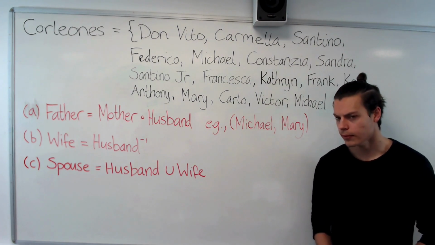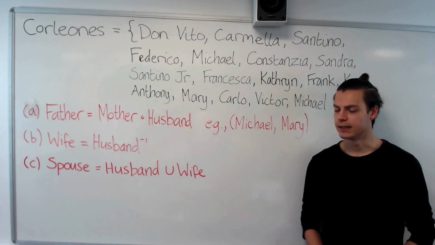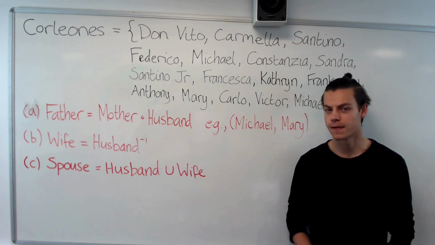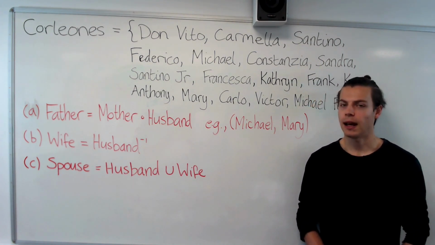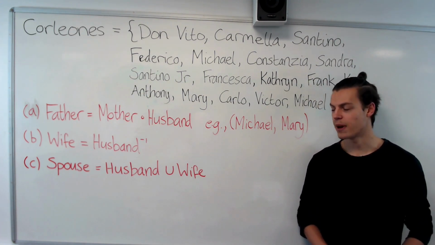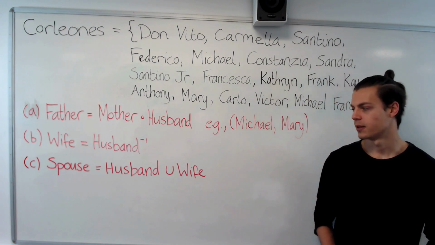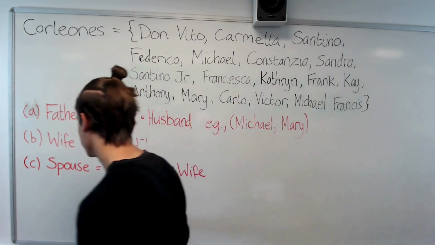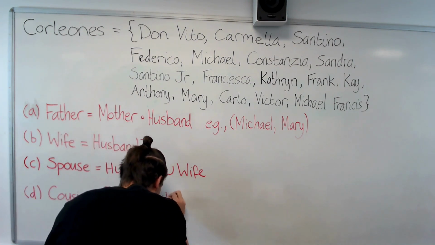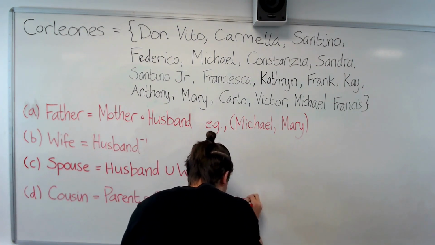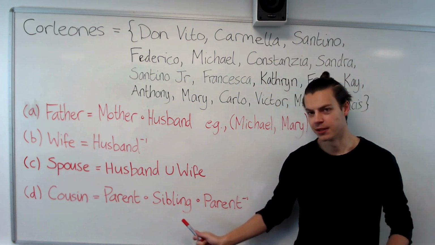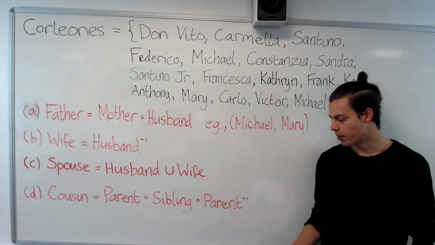Now, the cousin is the child of the sibling of a parent, and child can be defined as the inverse of the parent. So putting this all together, cousin can be defined by this composition, remembering again that order matters.